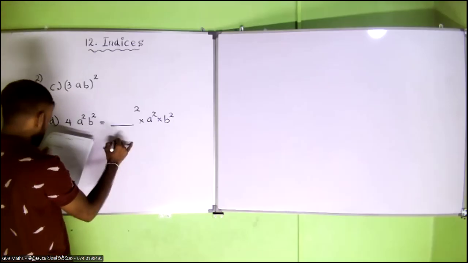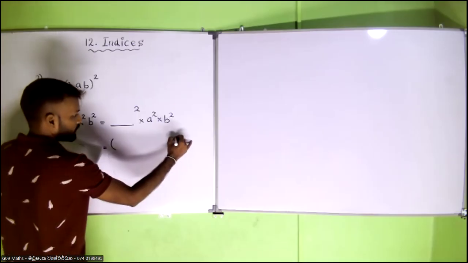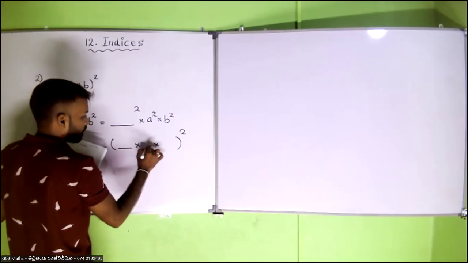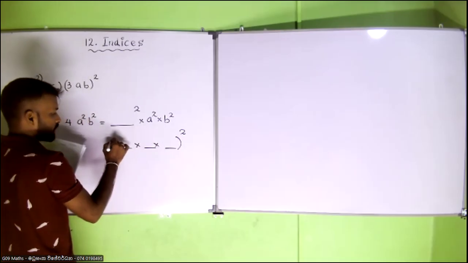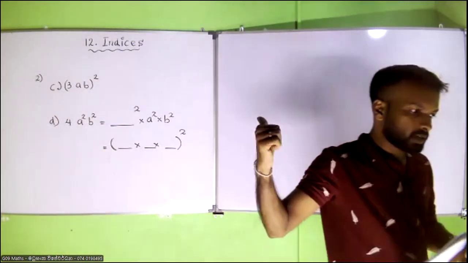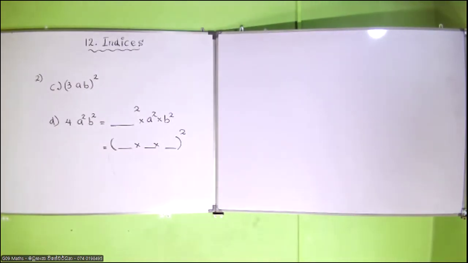So the method here, the final answer should be whole thing to the power 2 multiplied. Please correct the first bracket. First bracket should be at the front. Please do. Correct. Super.